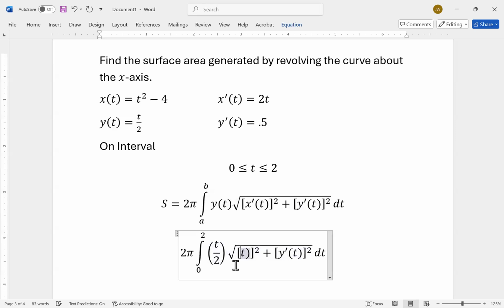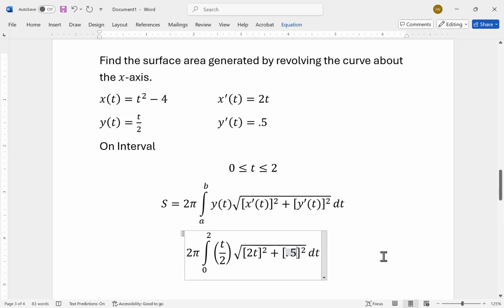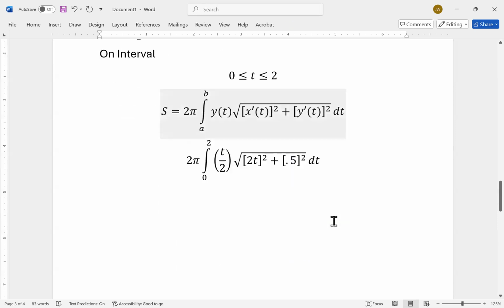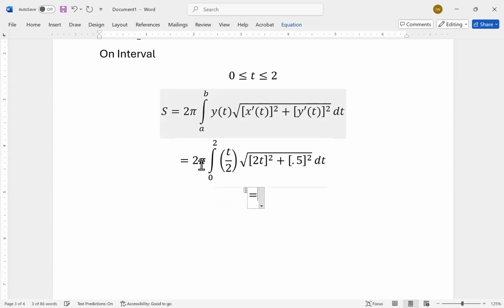X prime, we already know, is 2t. Y prime, we already know, is 0.5. And so this is my integration. That integration is going to find the surface area that I want, and I can simply plug it into my calculator.